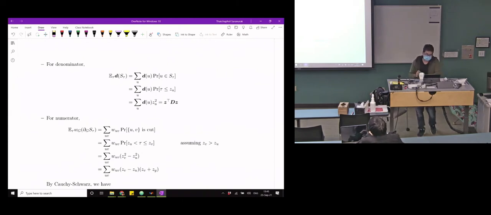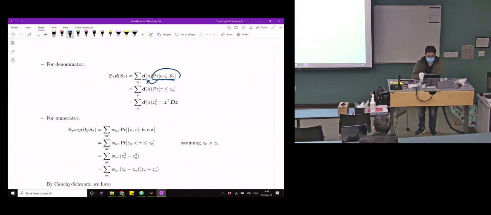You just expand the definition and see that this is the sum over all nodes U of the probability that the node is in the set multiplied by the degree.